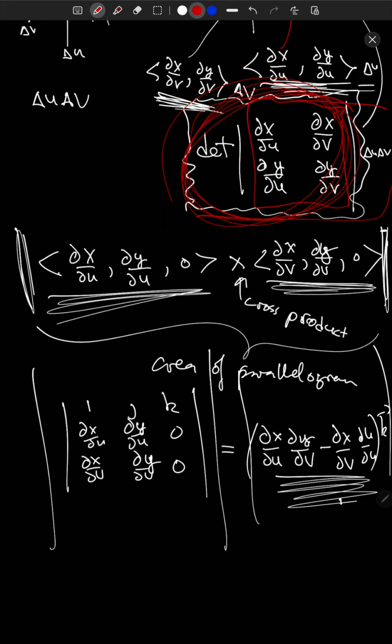All right. So this guy is called the Jacobian. Okay, and it's directly analogous to the dx du that we saw in one variable calculus. All right.